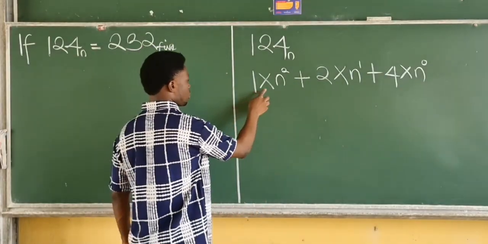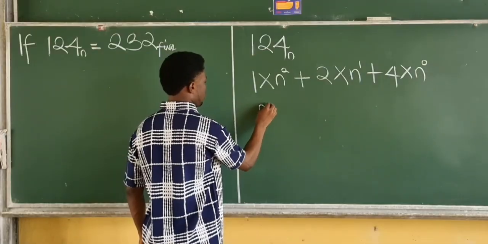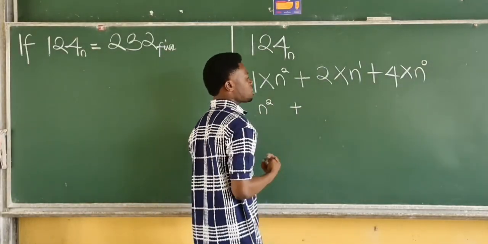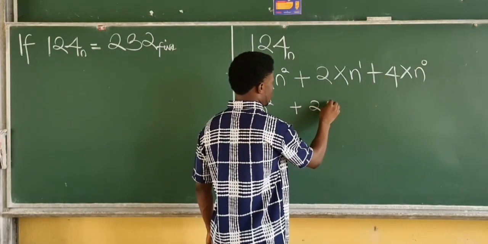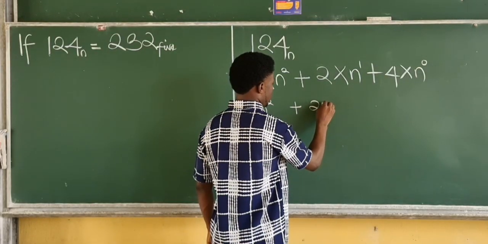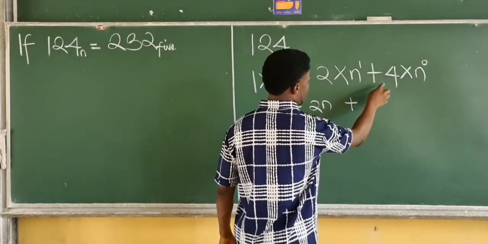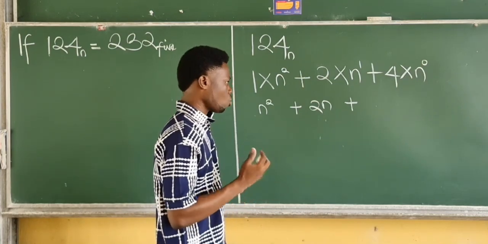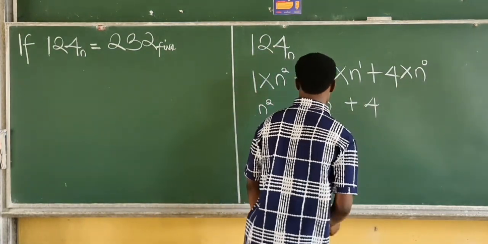Then we have 1 times n raised to the power of 2, which is n raised to the power of 2, plus 2 times n raised to the power of 1, which is 2n, plus 4 times n raised to the power of 0. n raised to the power of 0 is 1, and 1 times 4 gives 4.